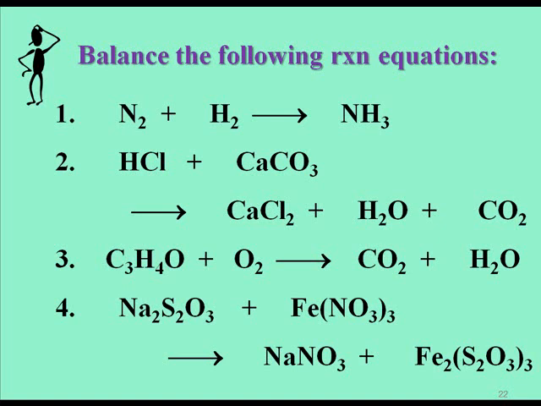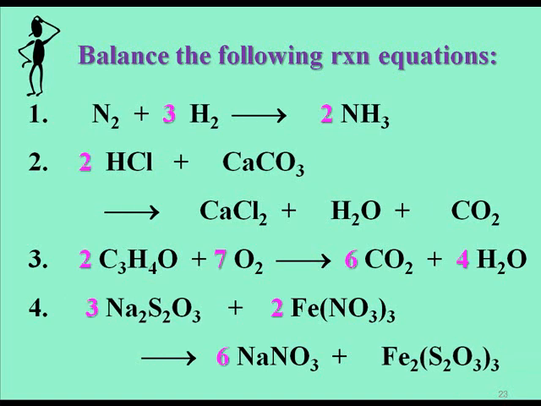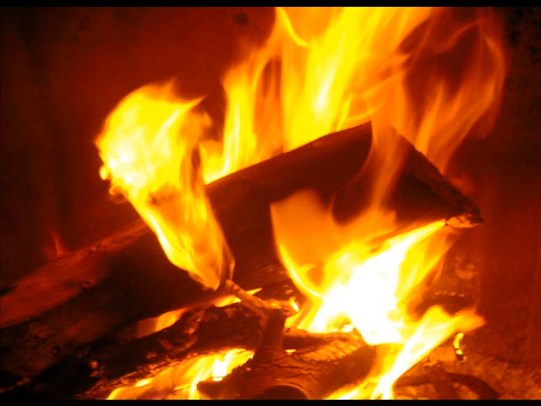So pause it now and try to solve it. Right. So you can go back and check to see if you were able to balance these 4 reactions. That was a hot presentation.